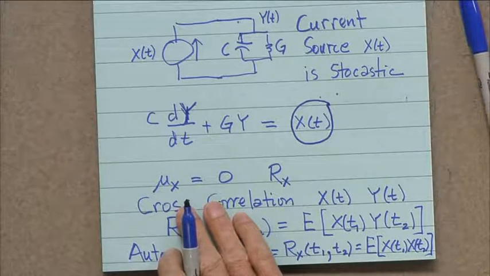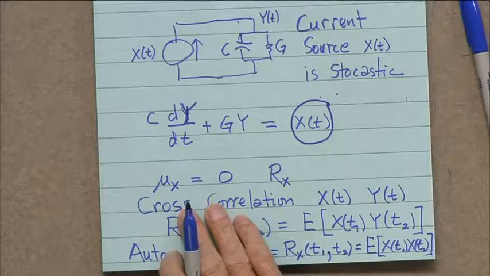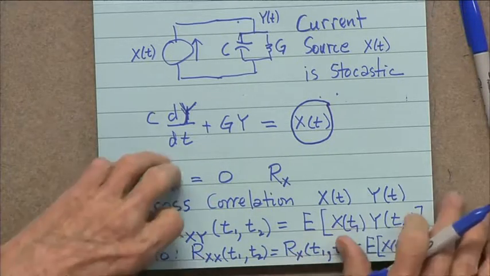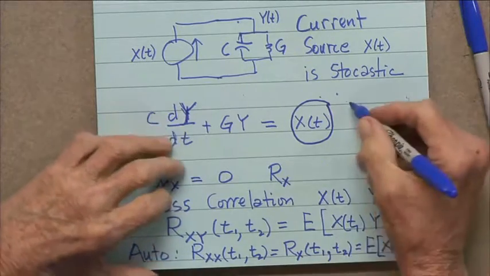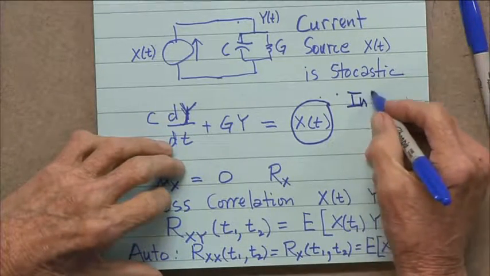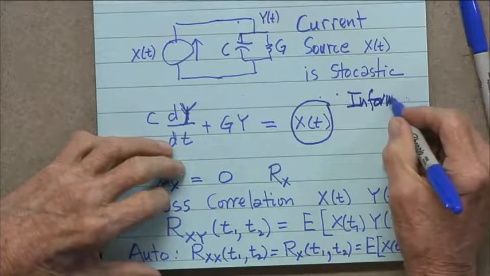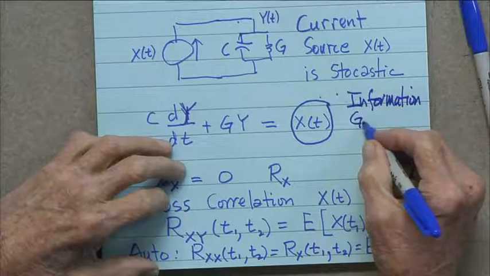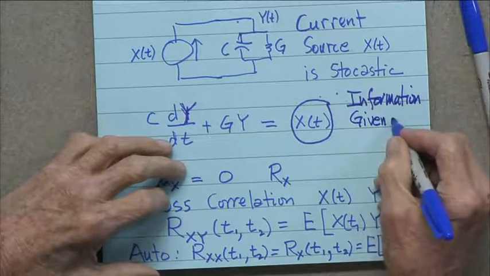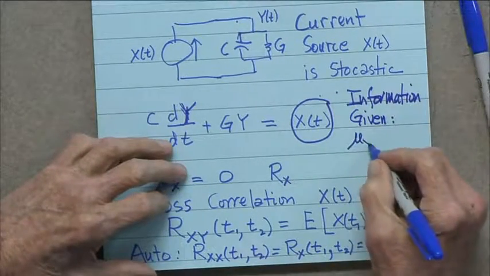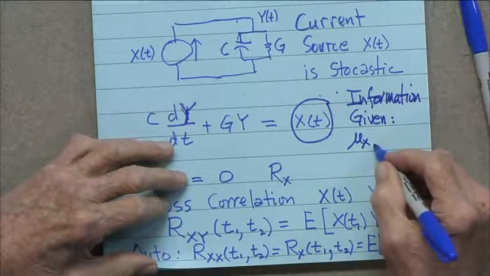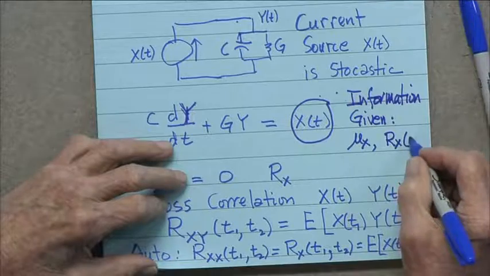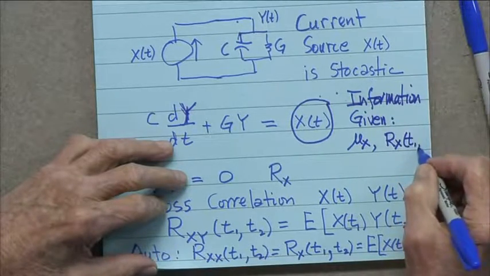That would be the only information that you would have: mu of X and R of X, T1, T2.